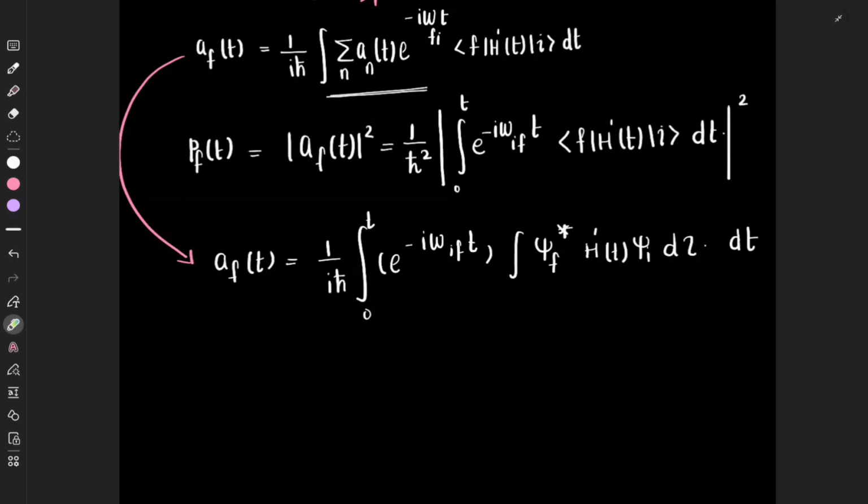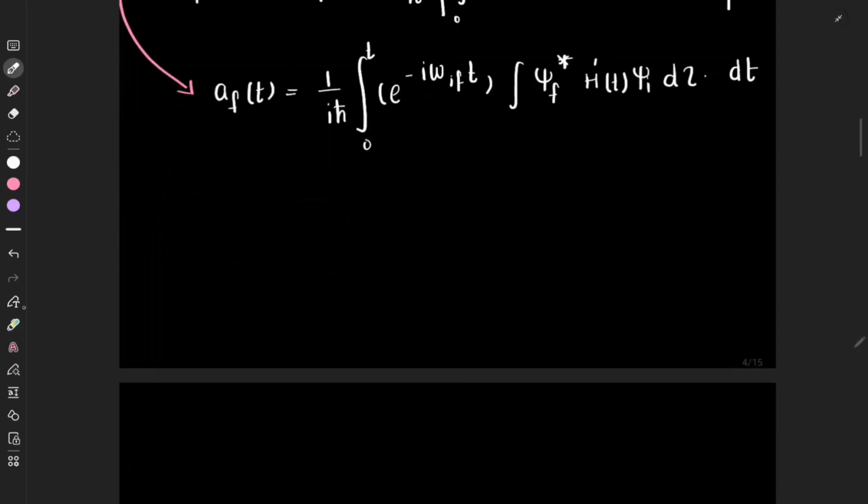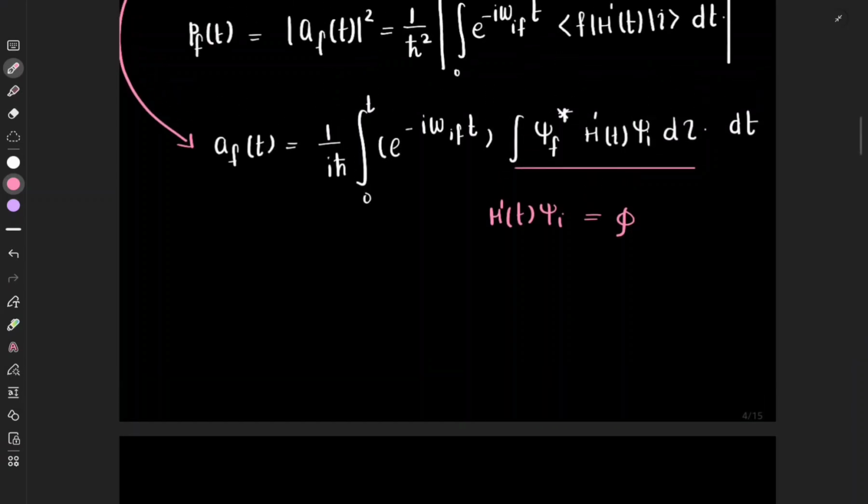Okay, from this integral, H dash of t acts on psi i and results in some function, say H dash of t psi i is equal to phi, which will have overlap with the final state. So the initial state should be able to project out onto the final state, is what this integral says, and therefore it should not be equal to 0.